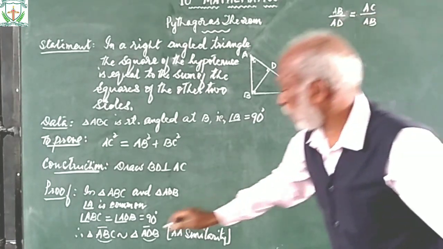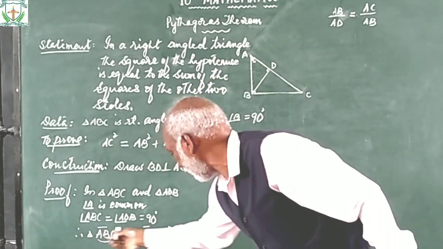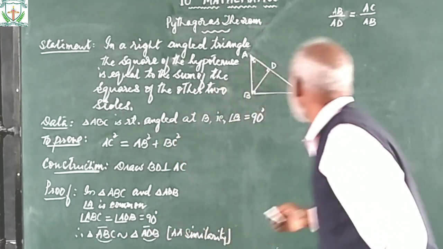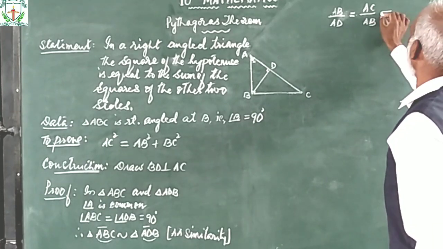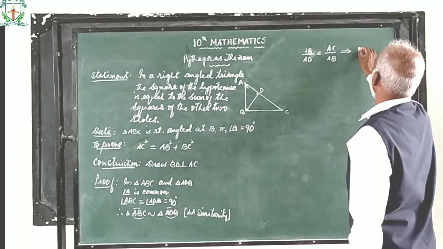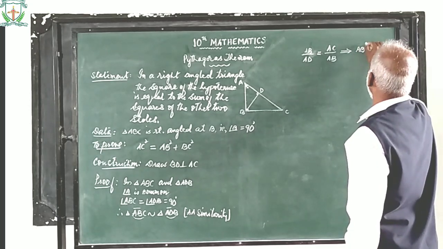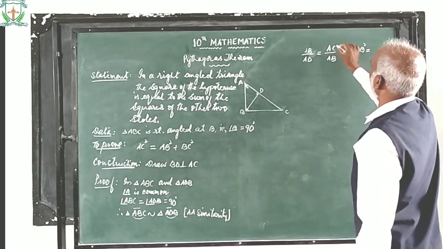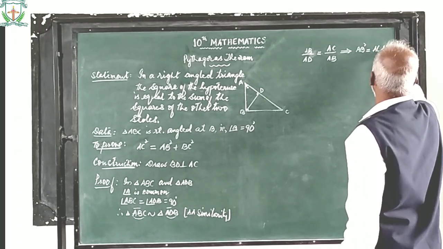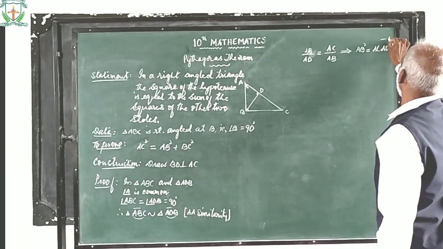We have taken the corresponding sides AB, here AD, AC, here it is again AB. If you cross multiply these two, you get AB into AB, AB square, is equal to AC into AD. This is our result 1.